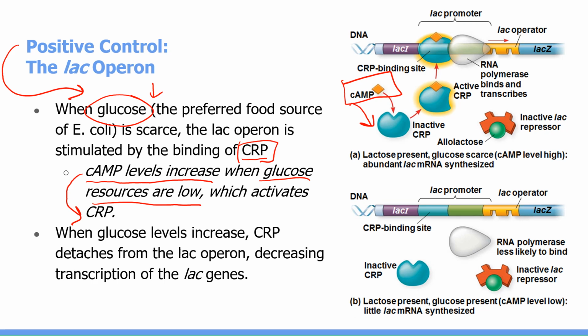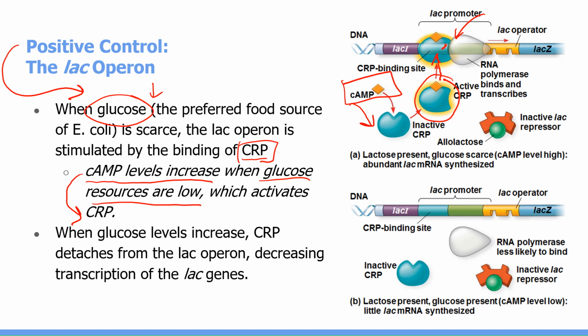Once cyclic AMP binds to the inactive CRP, it activates it. This attaches to the location right upstream of the promoter, and then this attachment to the DNA attracts RNA polymerase.